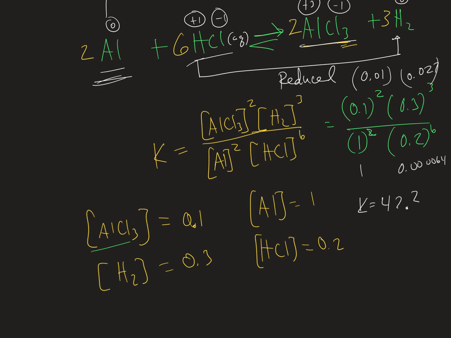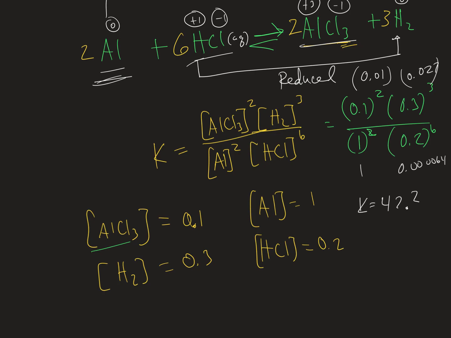Good? Okay, and so this constant is a mathematical tool that represents, at any concentration for this type of equilibrium reaction, this constant will always be true for that reaction. So it's allowing us to calculate the concentration.